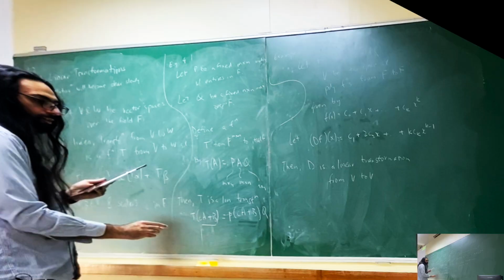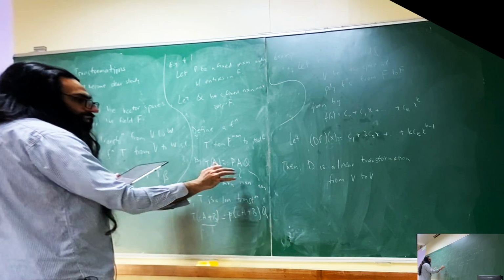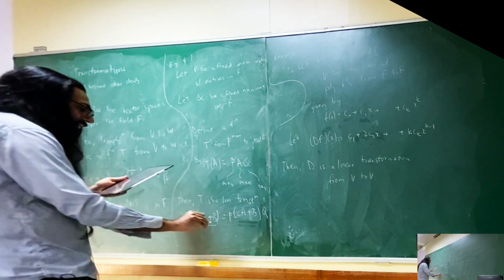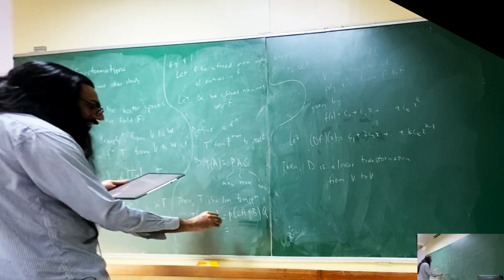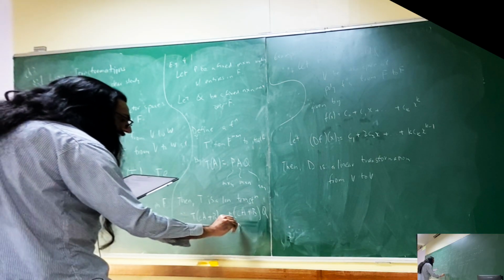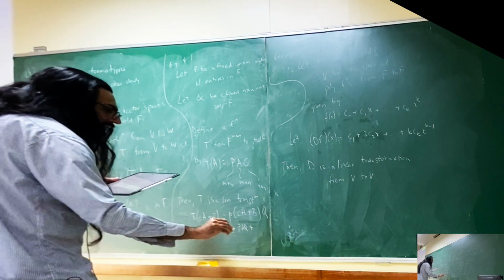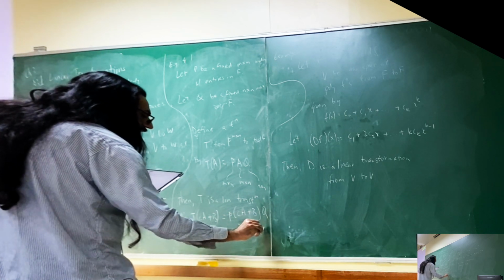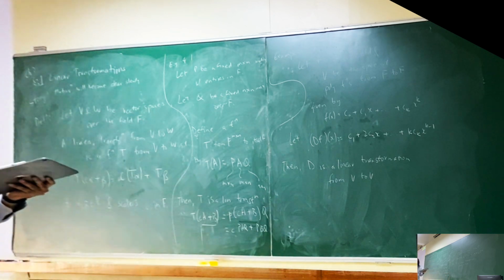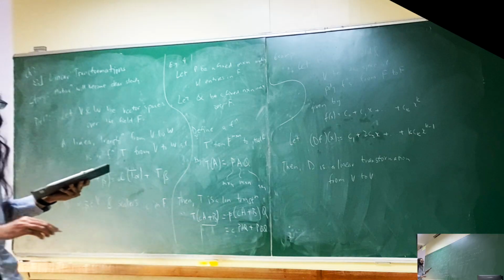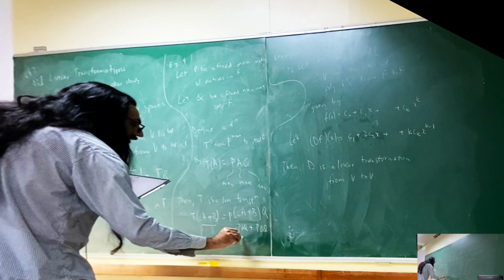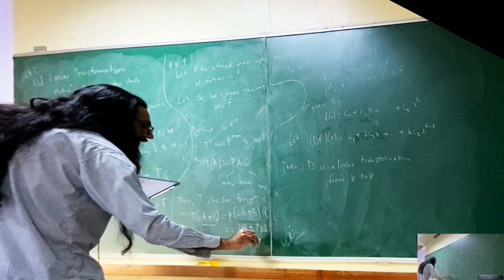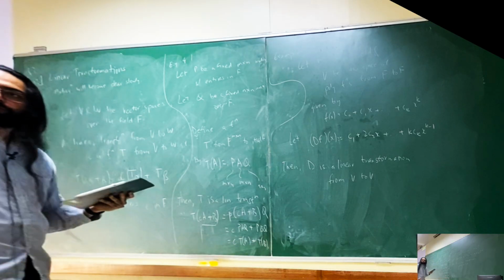This is P(cA plus B)Q. The map says you multiply on the left by P and on the right by Q. Now it's matrix multiplication, right? So I can write it as c PAQ plus PBQ. I'm just expanding the matrix multiplication. And then this clearly is c T of A plus T of B, so it satisfies the condition.